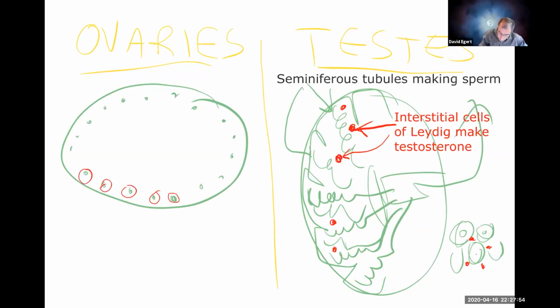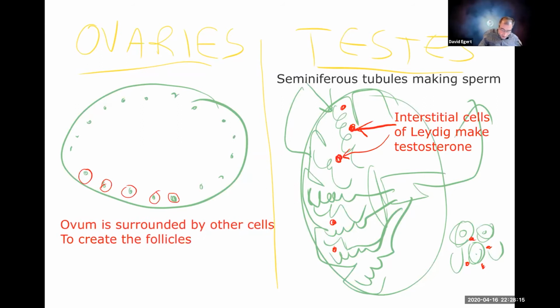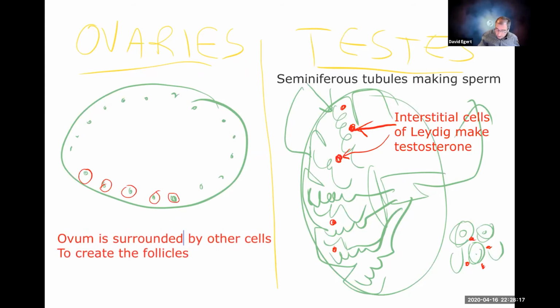So the ovum is surrounded by other cells to create the follicles. We are going to look at follicles in much more detail later. Don't worry about it right now.